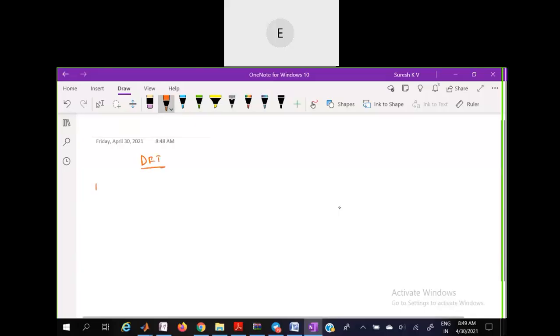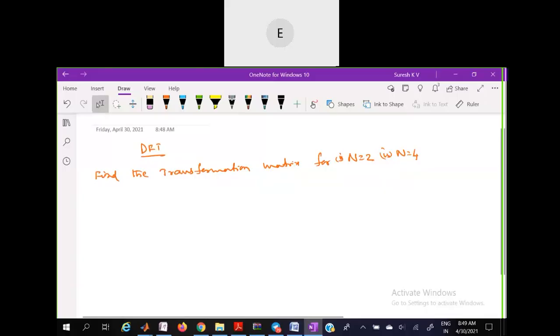The question is: find the transformation matrix for say N is equal to 2, which we may do today. For N is equal to 4, I want you to do it. I think you have done this already in the DSP course, except for some small change.